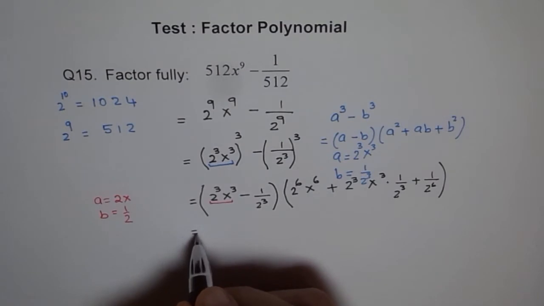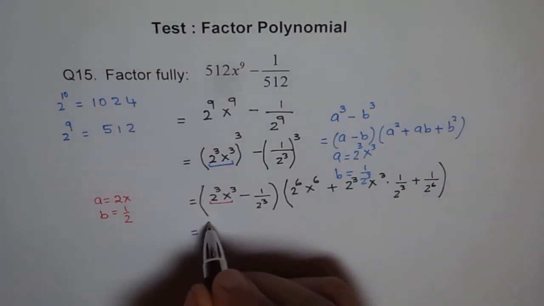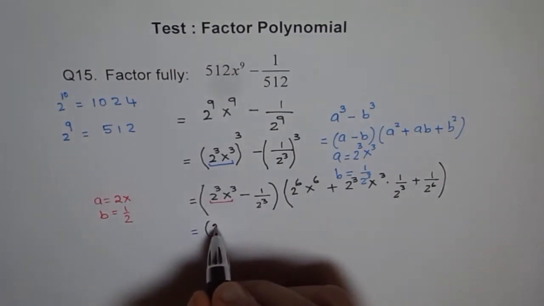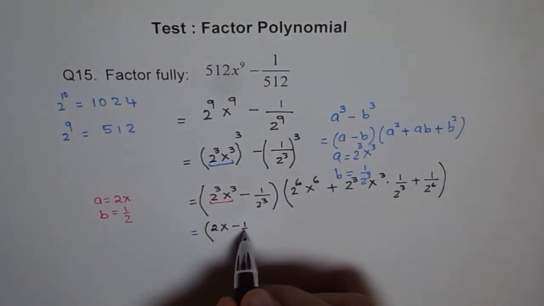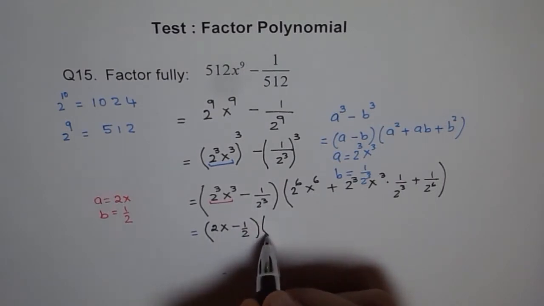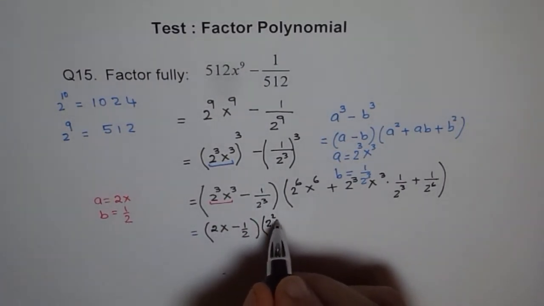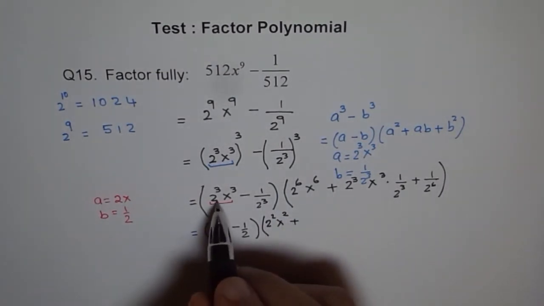Let me write this as equal to a minus b. My a is 2x now. 2x minus b, which is 1 over 2, times a square, that means 2 square x square, plus this times this.